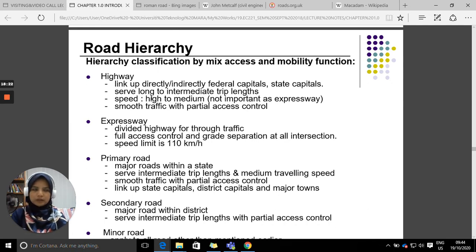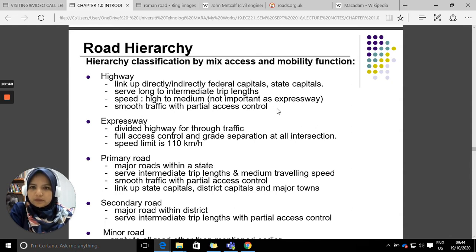You can just turn left or stop by on the right hand side or the left hand side anytime because they don't put the divider in between. But in terms of the speed, it's quite high because they give you maybe 2 lanes or 3 lanes in one direction. So it is considered to be quite smooth traffic in highway.